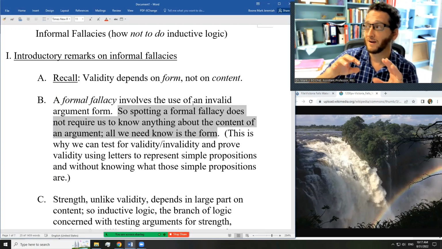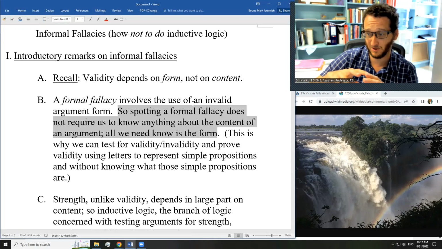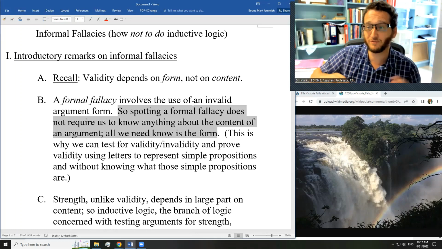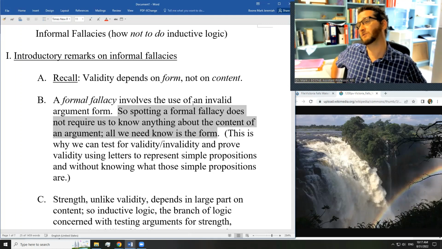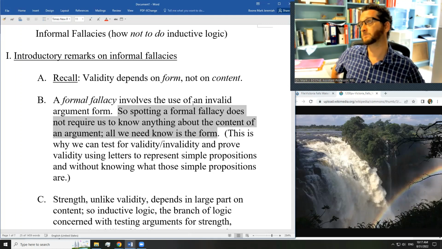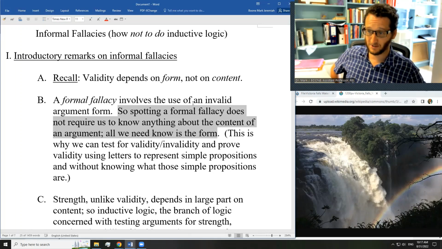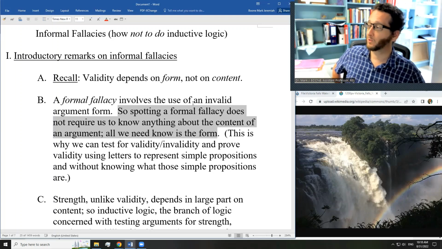That's why when we're doing deductive logic, we look at the pattern of an argument. We find ways of symbolizing the argument so that we can see the pattern directly and ignore the content of the argument. We eventually forget the content of the argument. So if an argument turns out to be a conversion of an A-form proposition in categorical logic, all X are Y, therefore all Y are X, we say that's an invalid argument form, even if we don't know what the X and Y actually are, or something like that.